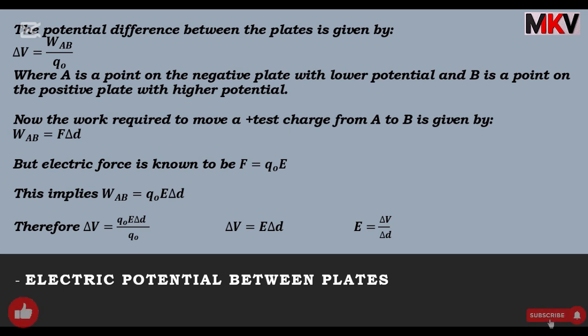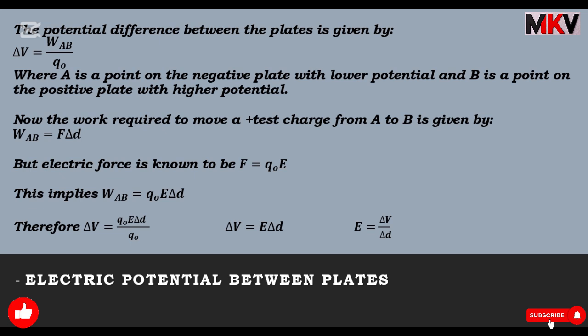But we've seen earlier on that electric force equals charge times electric field. Therefore, doing that substitution into the work done, we are getting work done to be equal to charge times electric field times change in distance. So the work done equals Q naught E times change in distance.